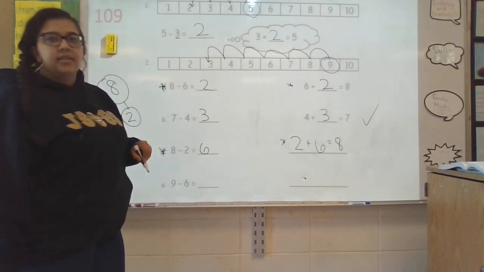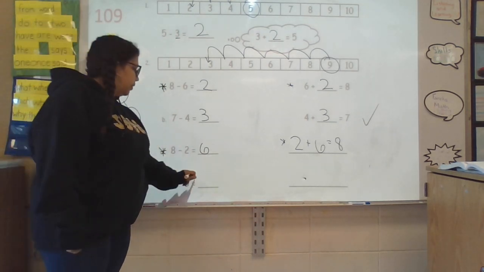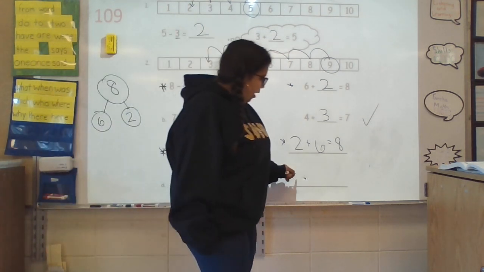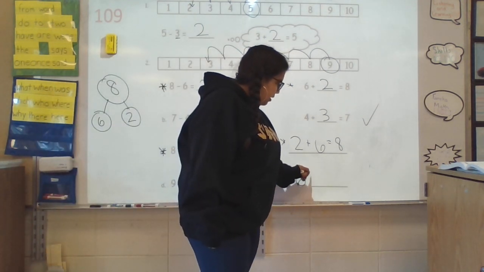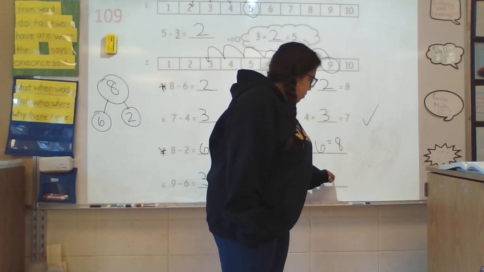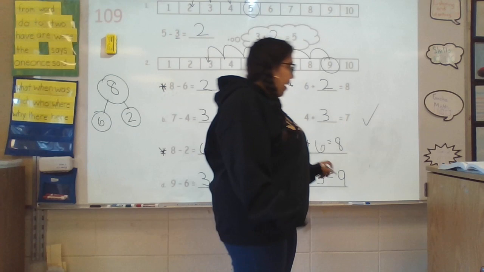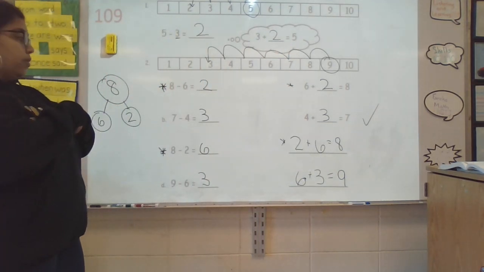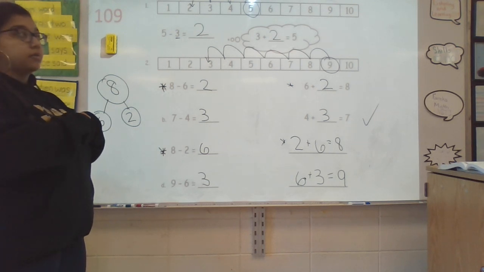Where do I land? I land on 3. 9 minus 6 is equal to 3. So, part I know, 6, plus the part I figured out, 3, is equal to my whole, 9. Part I know plus part I don't know equals my whole. Whole I know minus part I know equals part I don't know.